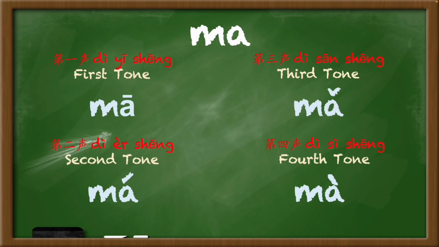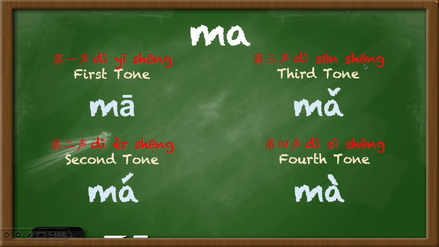Now you might be wondering, is it really important to master all four tones of Chinese Mandarin? Well, let me tell you, the answer is yes. Because if you mispronounce a Chinese word with an incorrect tone, it could lead to an incorrect meaning, which could lead, of course, to miscommunication, and we don't want that. For example, ma in the first tone means mother, and ma in the second tone means numb.